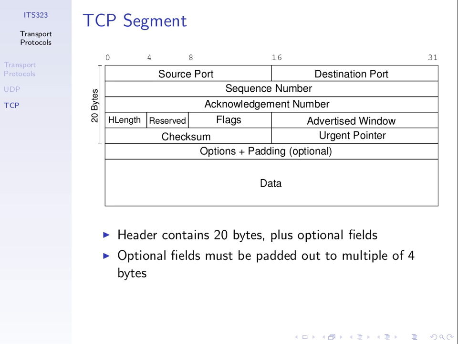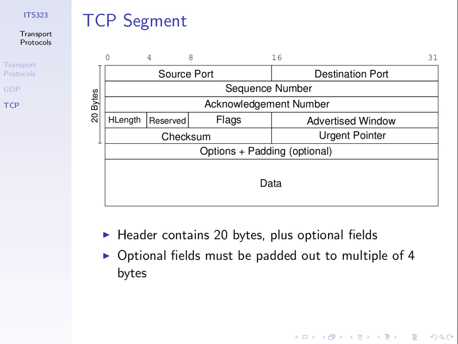In this case, B chooses an initial sequence number. Let's say 1049. It's independent of the value that A chose.